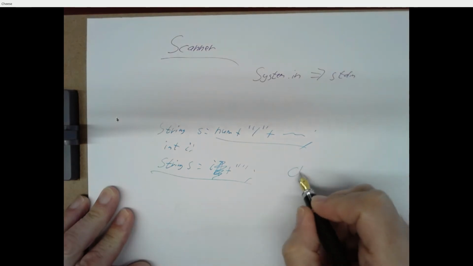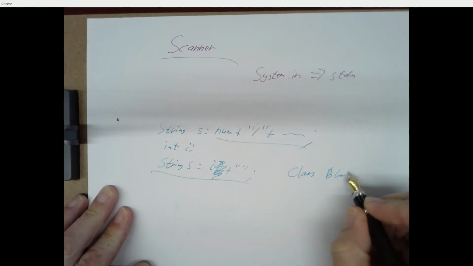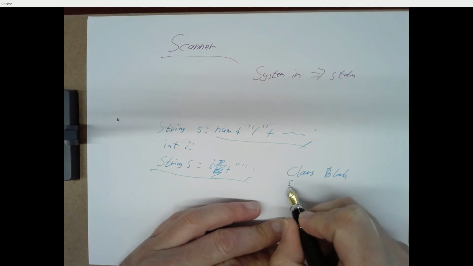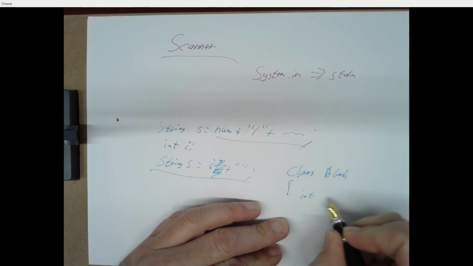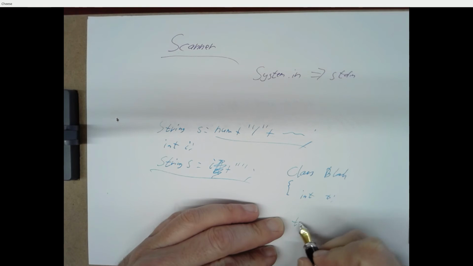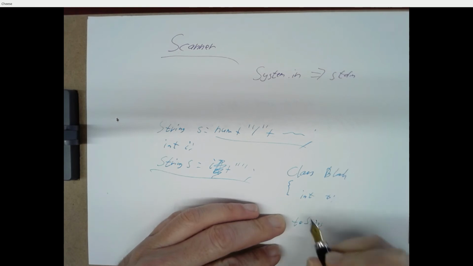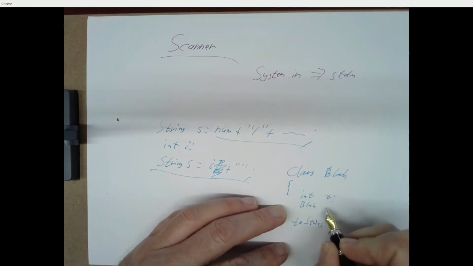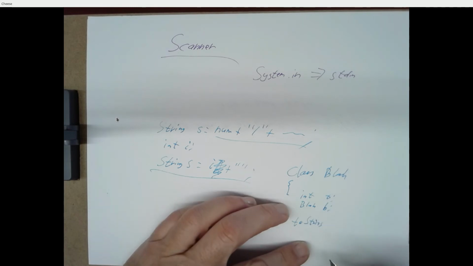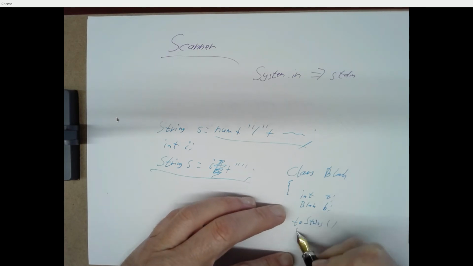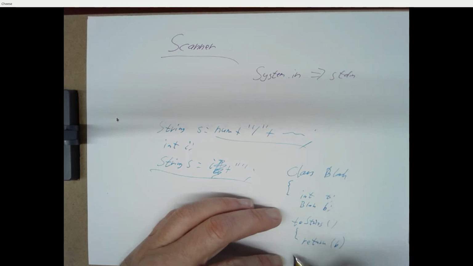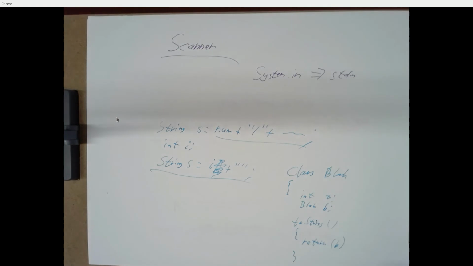Let's see, so if you had a class blah, and inside here you have an integer x, and you have a toString, and let's say you have a blah b, and maybe inside your toString, try to return b. Right, so what you're really trying to do is return b.toString, and that looks like it would be recursive.